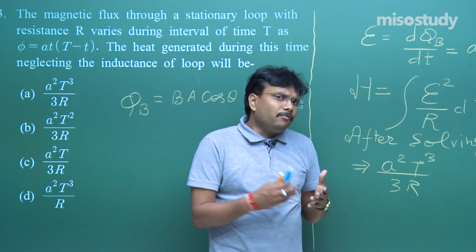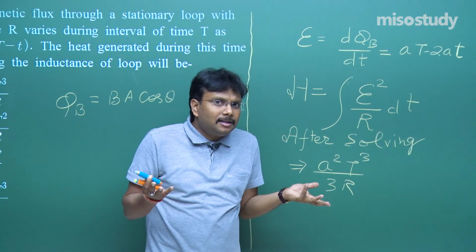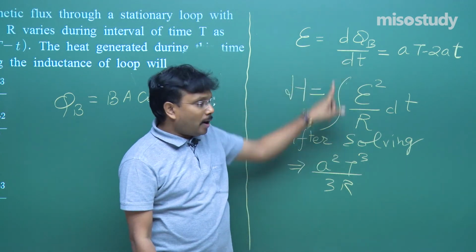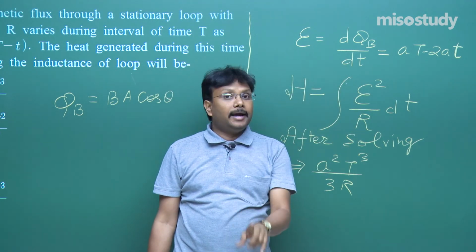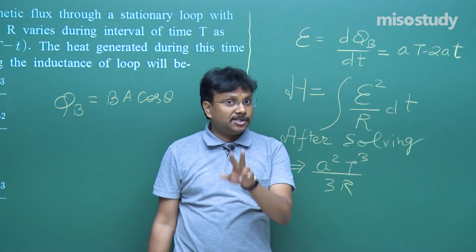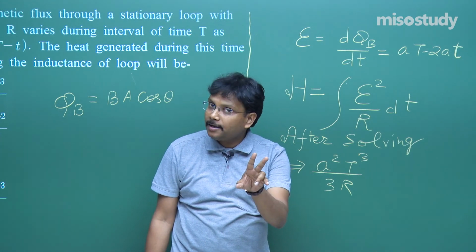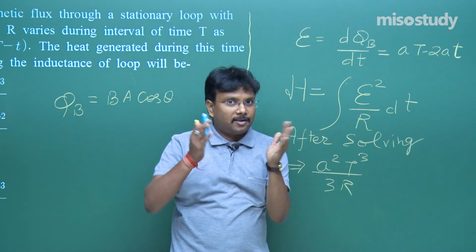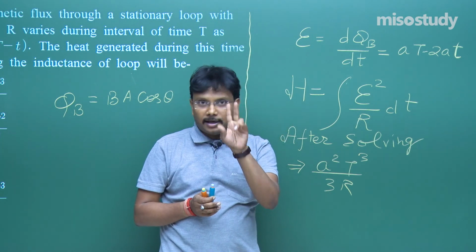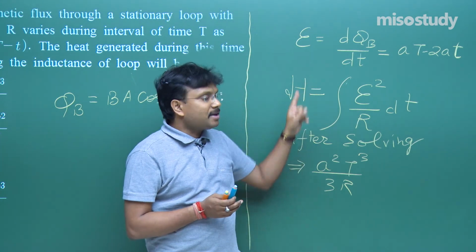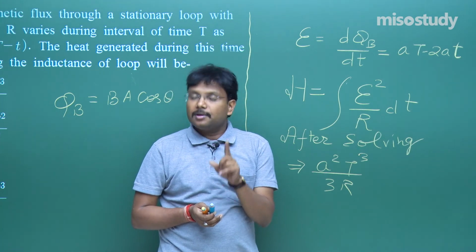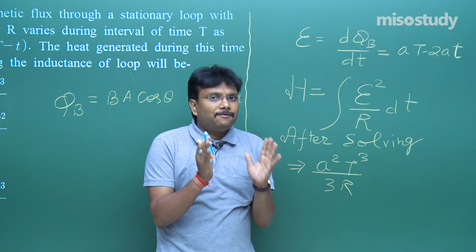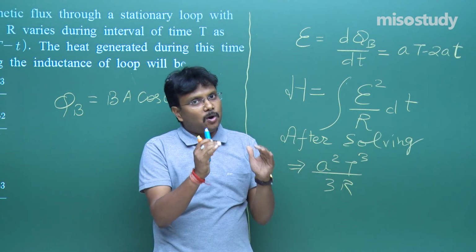Now with this question, what exactly is my motive? Simple. In one question I used integration and differentiation both, and also I used this formula in a different aspect. My motive is clear. Number one, these basic mathematical tools are utmost important, so please make yourself comfortable with these small steps.